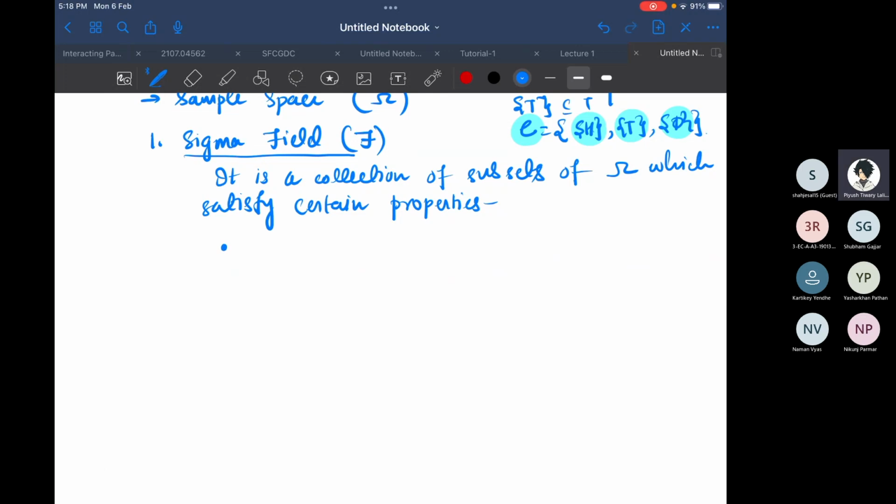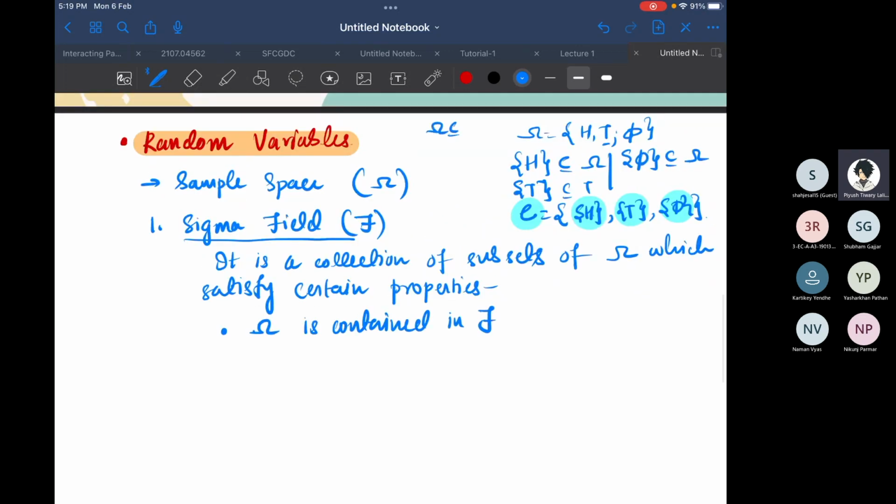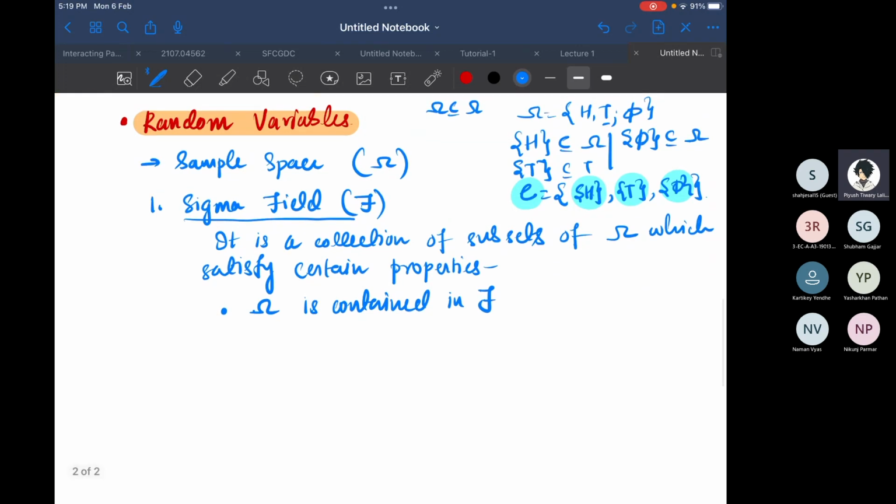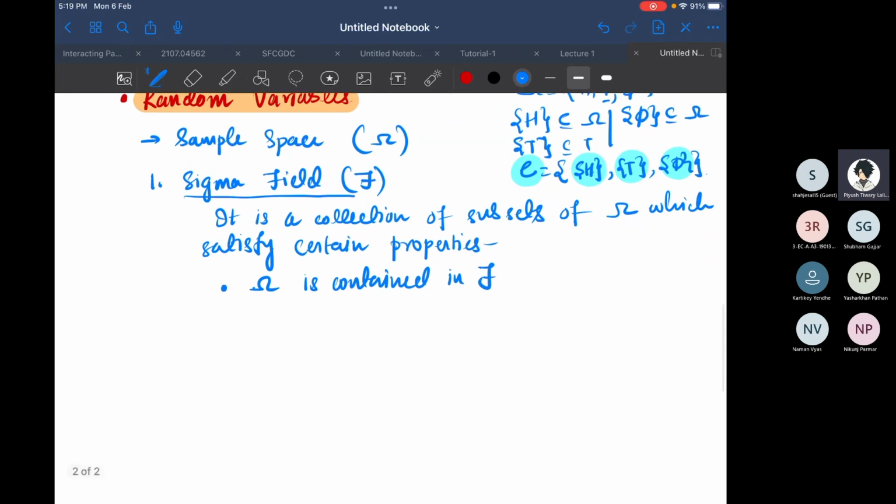First, it contains omega, so we should write omega is contained in F. Omega is always a subset of omega, which is a trivial statement, so omega is there in whatever collection I make.